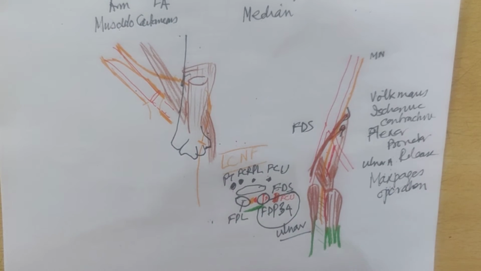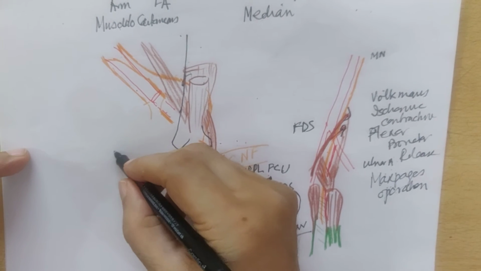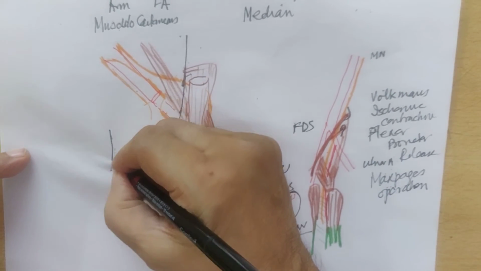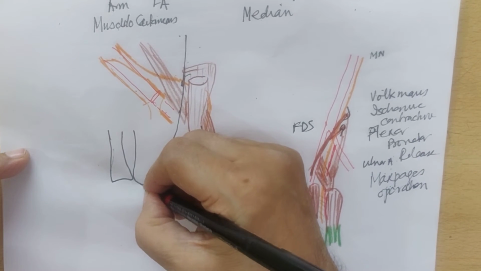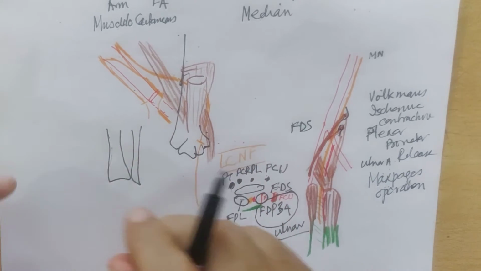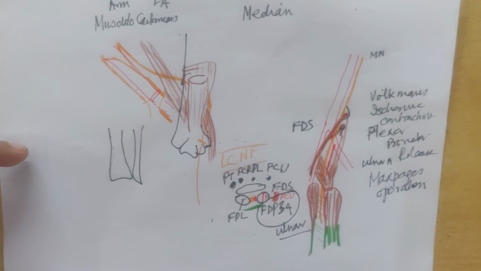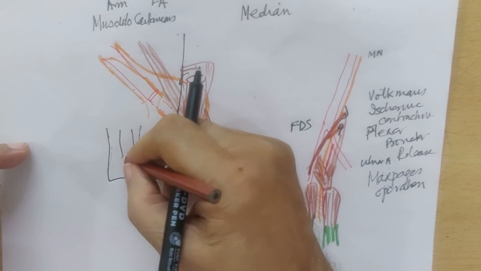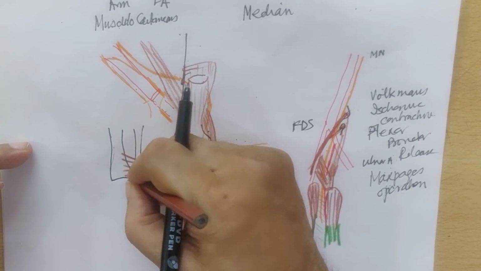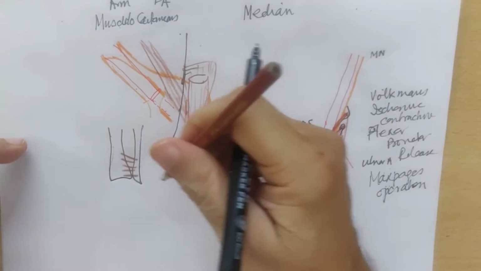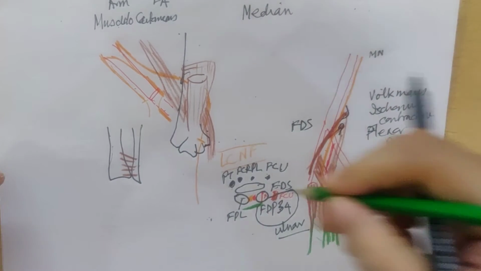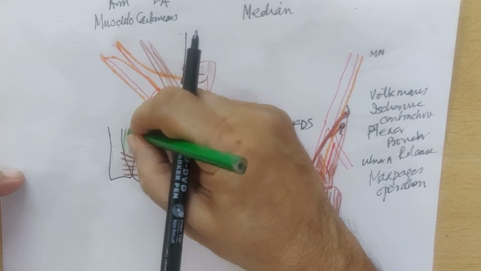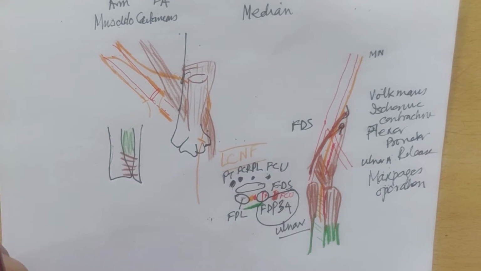Now the median nerve approaches the wrist. As this is the lower end of radius, this is the ulna. Here you have a muscle which is the pronator quadratus, and here of course you will have the interosseous membrane, and here is your nerve coming.